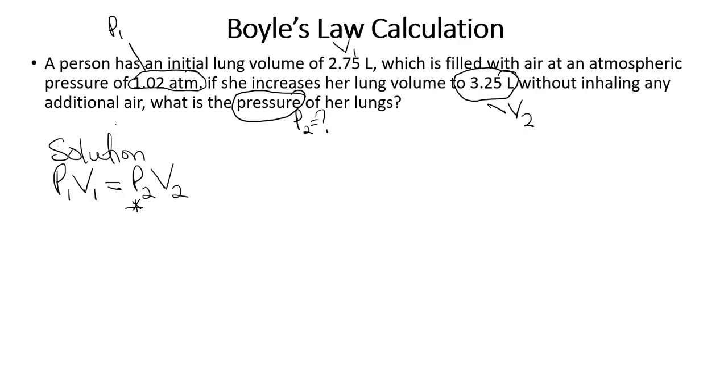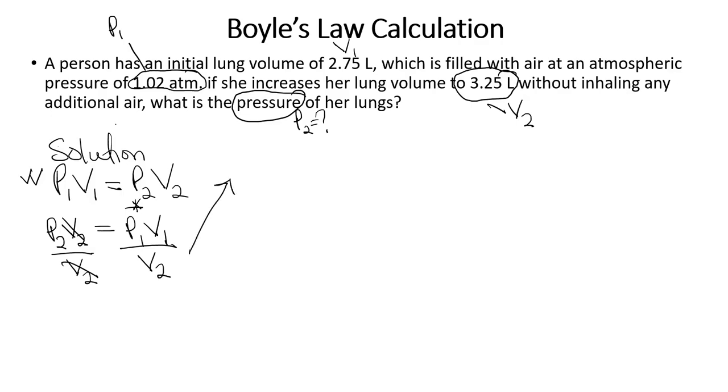The way I have written this equation, I can as well say P2 V2 is equal to P1 V1. It's the same. Now I want to isolate P2 to be on its own. For that, I will divide both sides by V2 so that the V2 cancels on this side.